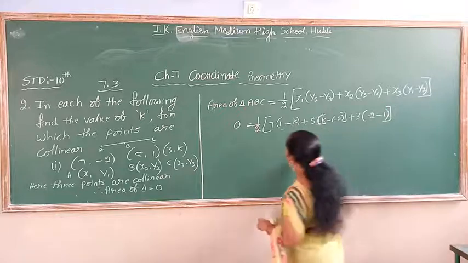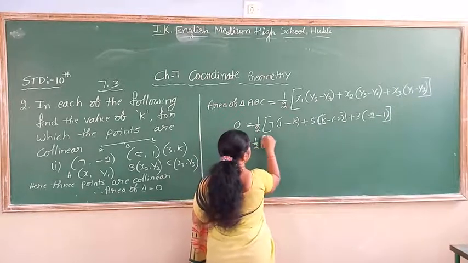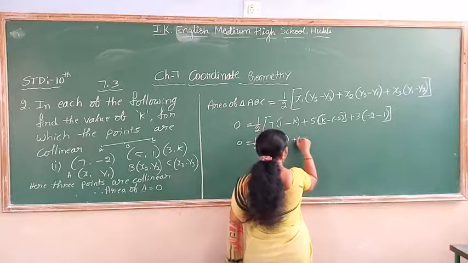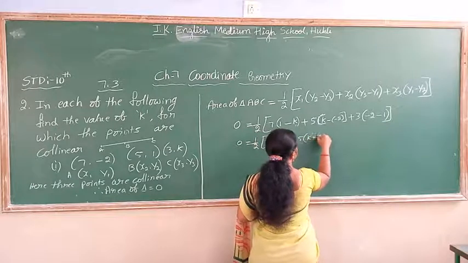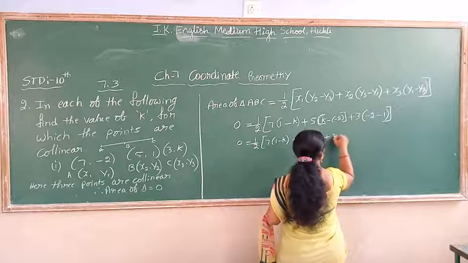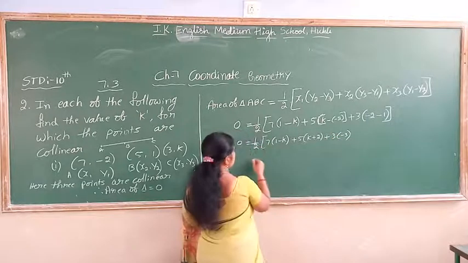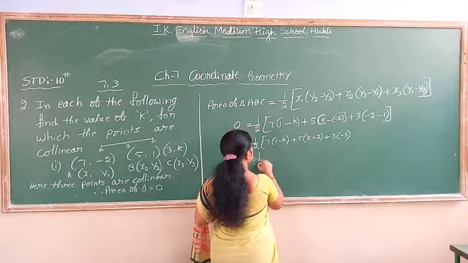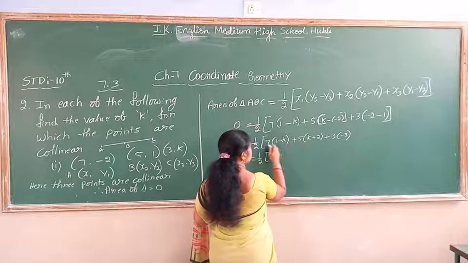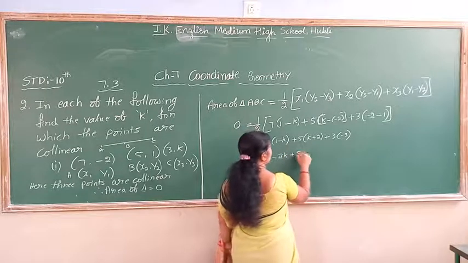Simplify now. If I simplify, I am going to get 7 into (1 minus k) plus 5 into (k plus 2) plus 3 into (-3). If I simplify this once again, I get 7 minus 7k plus 5k plus 10 minus 9.